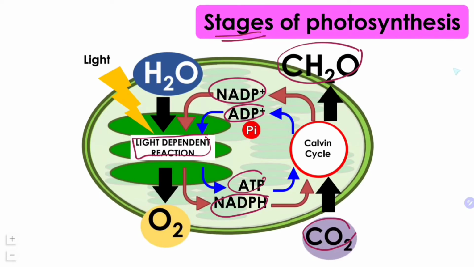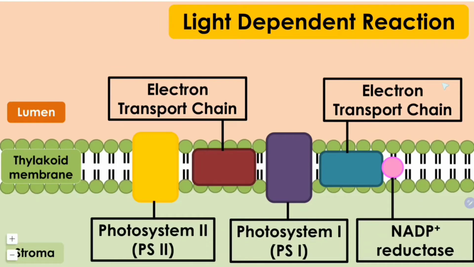to occur. Next, we will look into the enzymes as well as the structures involved in the light-dependent reaction. So as I mentioned earlier, the light-dependent reaction occurs on the thylakoid membrane. So this is the thylakoid membrane.